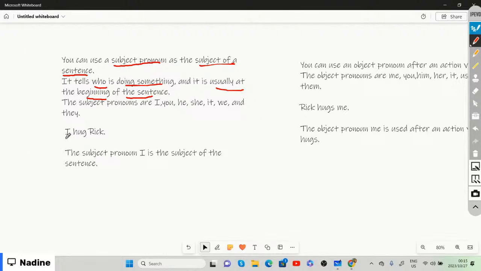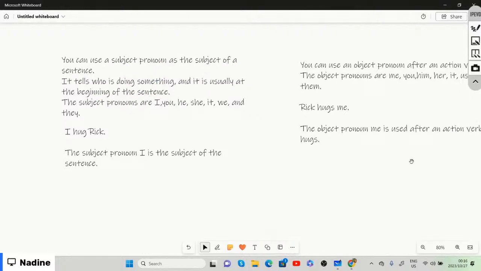So I is our subject. The subject pronoun I in I hug Rick is the subject of the sentence. So that is a subject pronoun. Now we're going on to the object pronoun.